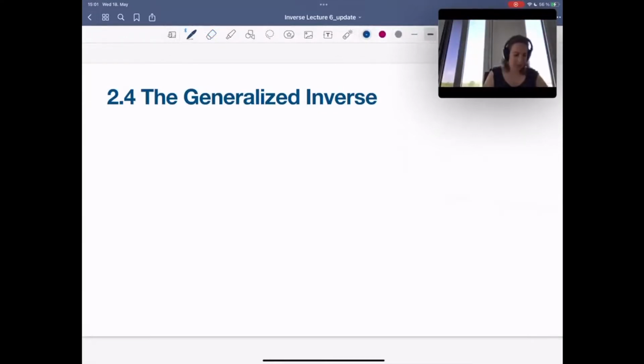Let's start. Let's remember the singular value decomposition that we have done in the recent lectures. For a system of equations Gm equals d, that actually yields the decomposition as follows.